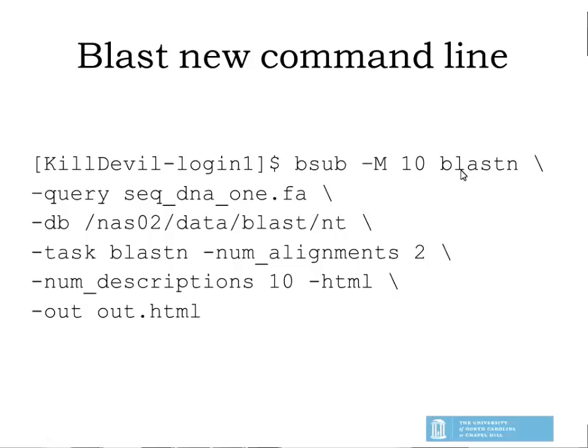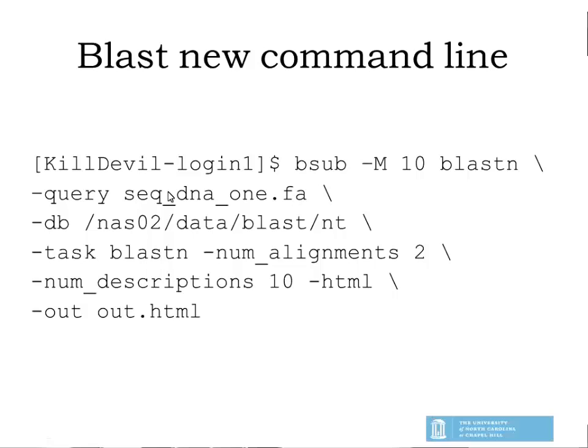I'm going to run the BLAST program. This is the BLASTN program that I'm running. My query file, and this time BLASTN expects you to explicitly say -query for the file that you're using as your query file.